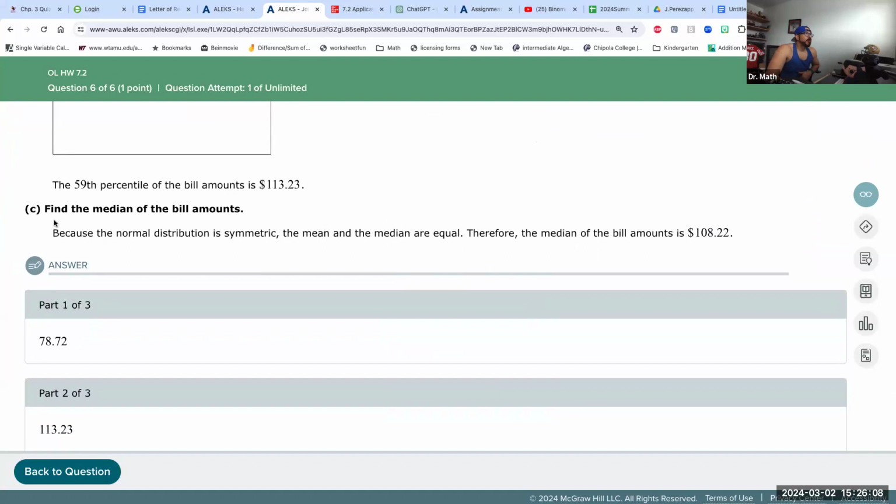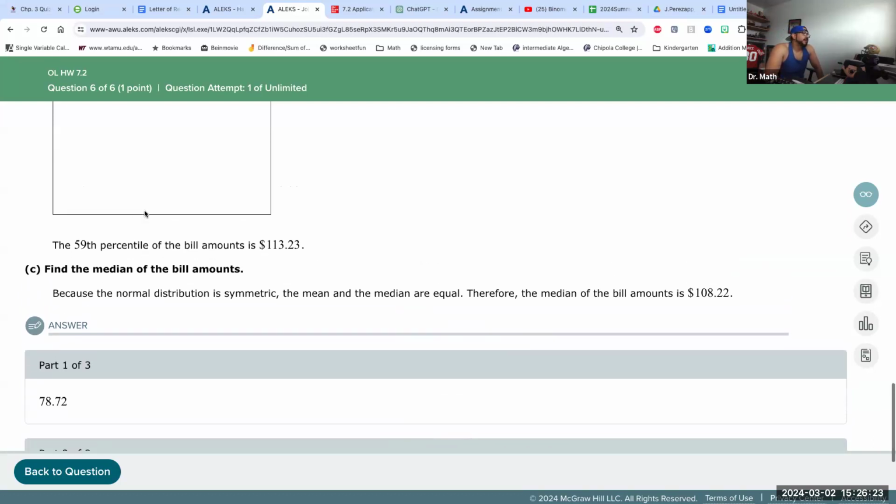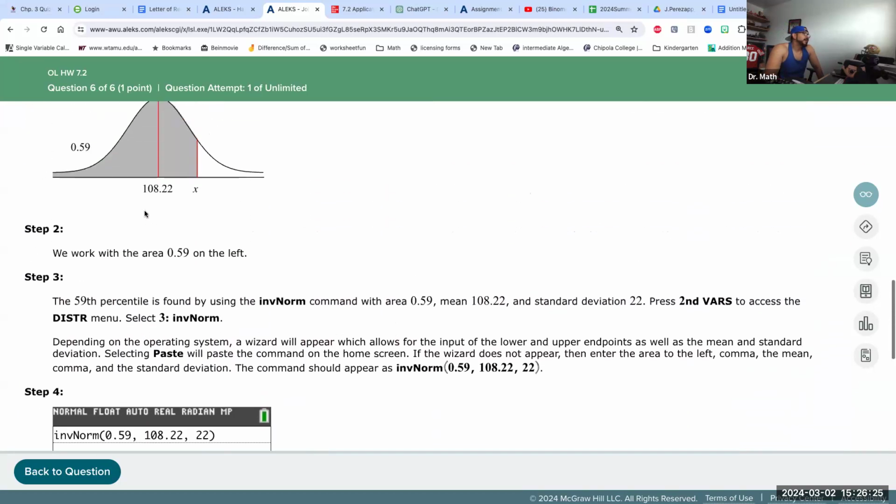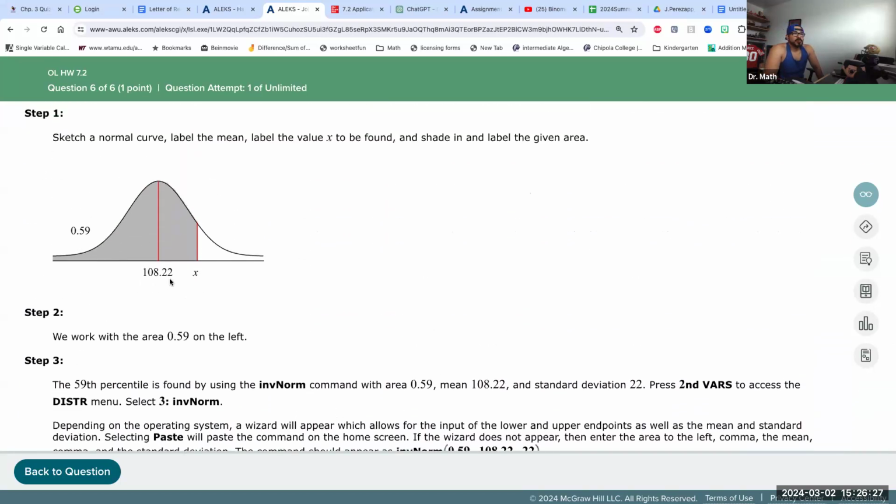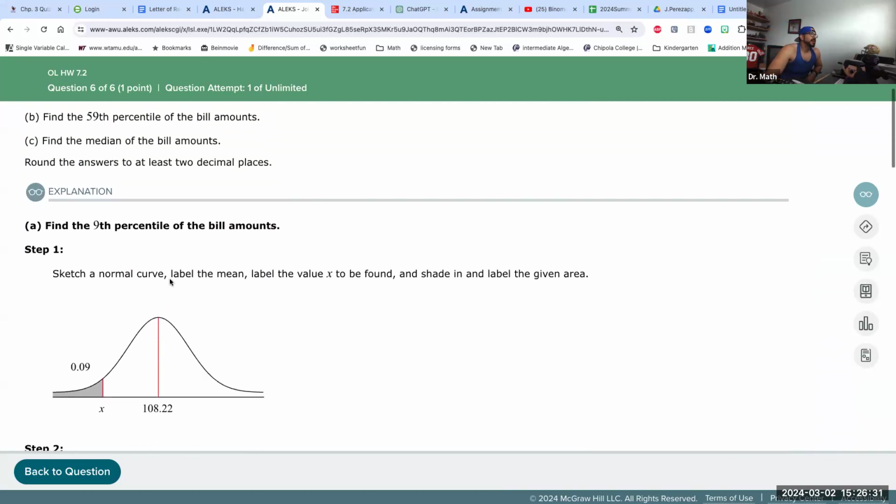So that question is mainly meant so that you have a good understanding of what we're looking at. And the median is also known as the 50% mark in our data, which is right smack in the middle. And if we look at our curve, right smack in the middle is that 108.22. All right, so however you look at it, it means the same thing.